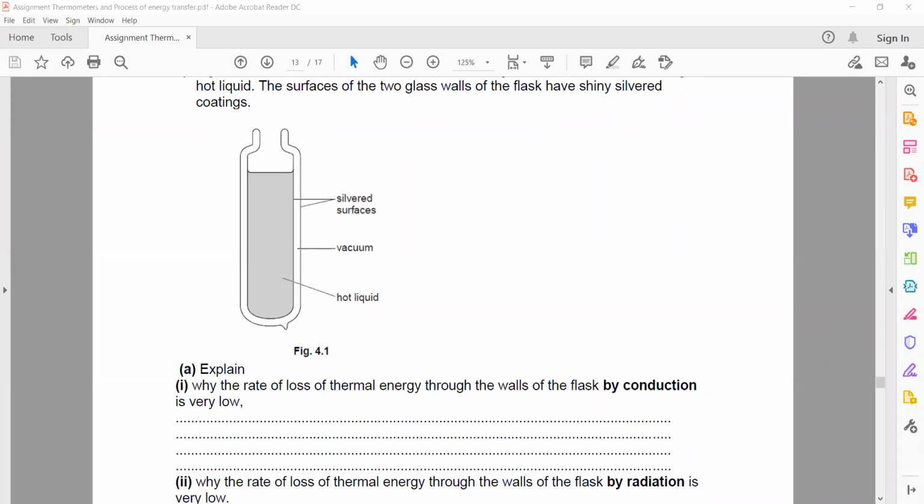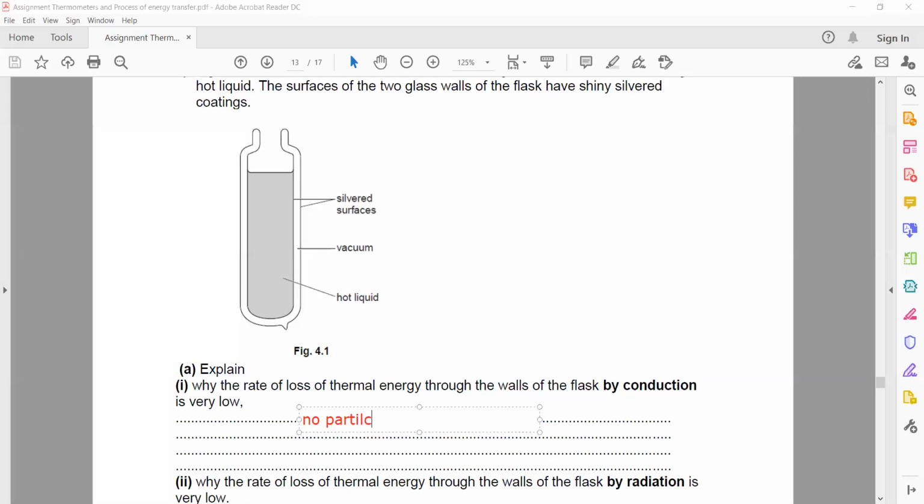So due to the vacuum, you can also mention because there is no medium, or you can also mention glass is also a poor conductor. That's why, with a vacuum or a gap between the walls, there are no molecules or particles. That's why it does not conduct heat energy by conduction.